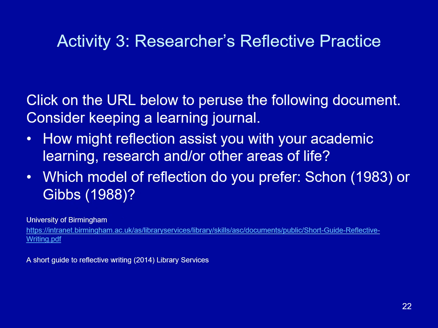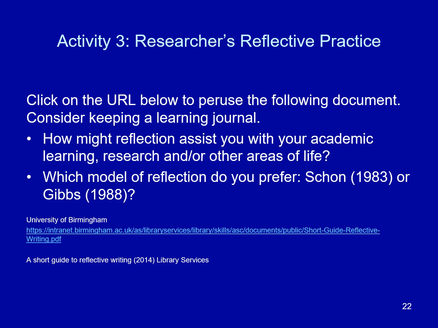And finally, for activity 3, this is about researchers' reflective practice. So all you need to do is click on the URL below to peruse the following document from the University of Birmingham, which talks about keeping a learning journal and the process of reflective practice.